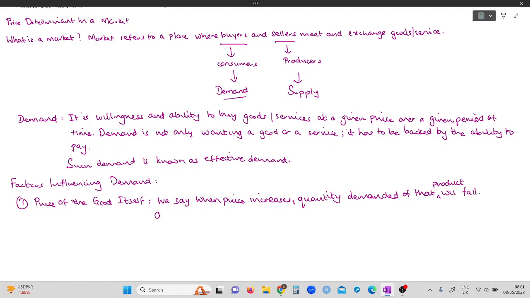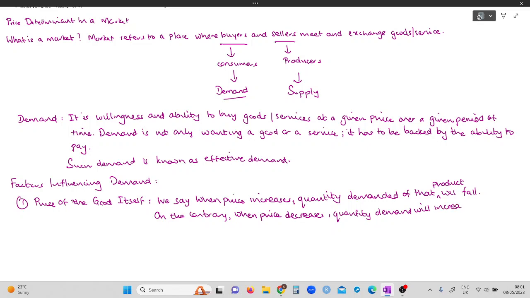D'accord? On the contrary, le contraire, qu'est-ce qui va se passer? On the contrary, when price decreases, ou bien when price falls, donc maintenant que c'est moins cher, we will demand more of that product. So when price decreases, quantity demanded will increase. D'accord?